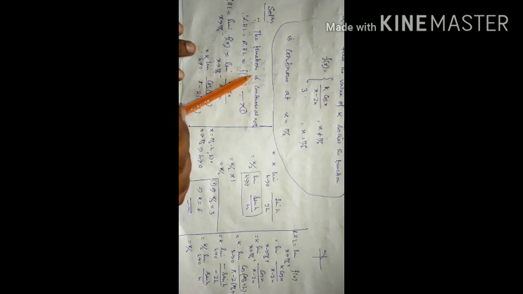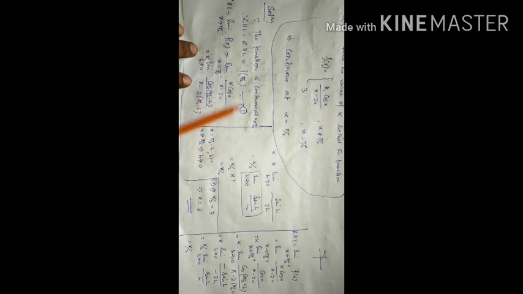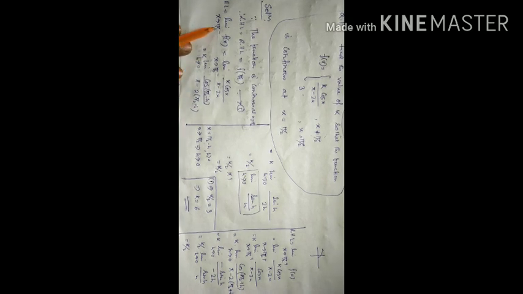Since the function is continuous at x = pi by 2, the left hand limit is equal to the right hand limit, which is equal to f of pi by 2, by the definition of continuity of a function at a particular point. Now find the left hand limit: limit x tends to pi by 2 minus of f(x).